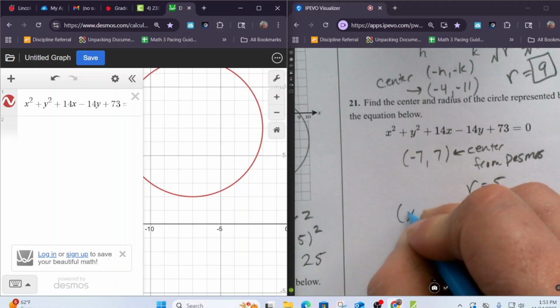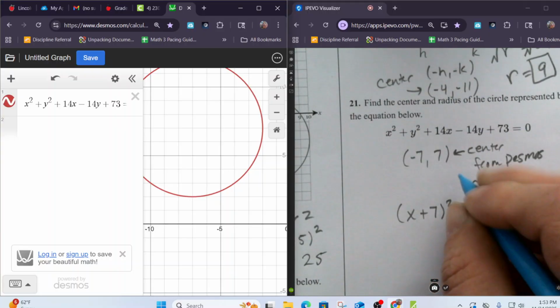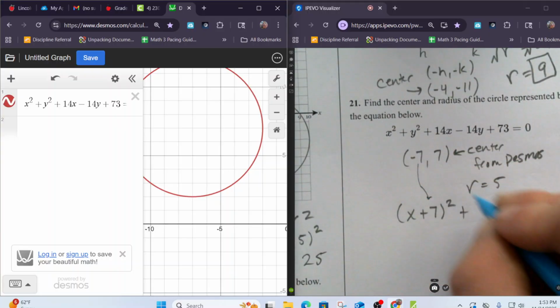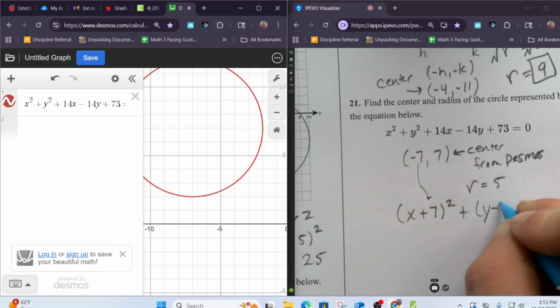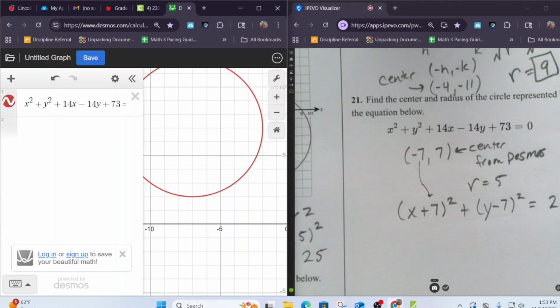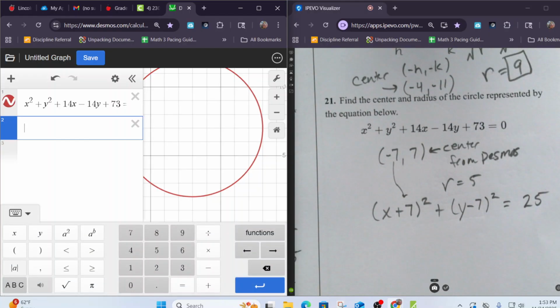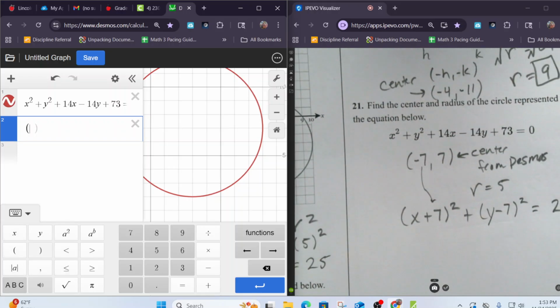So that's going to be (x + 7)² + (y - 7)² = 25. If you wanted to, you could double check that by putting it in Desmos.